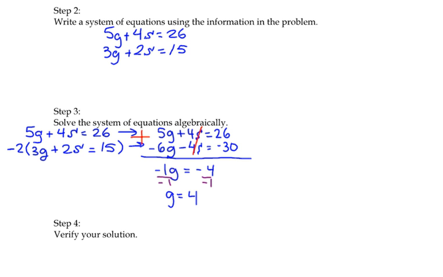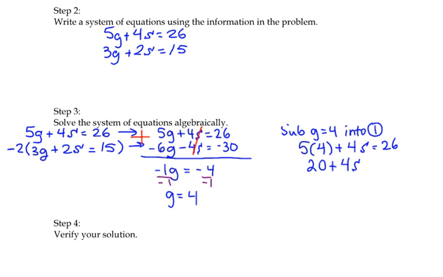All right, almost done. It's tragic when you do all that work and you think you're done. We still have another variable to solve for. Where would you like to sub him into? 1? Okay, so G equals 4 into 1. 5 times 4 plus 4s has to equal 26. 5 times 4 is 20, plus 4s equals 26.